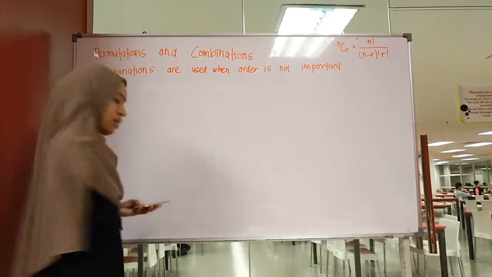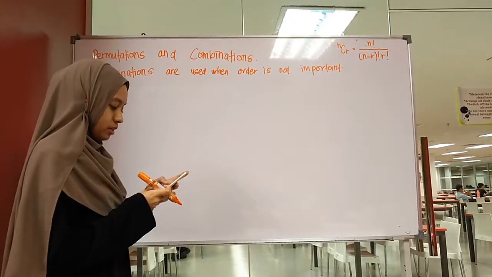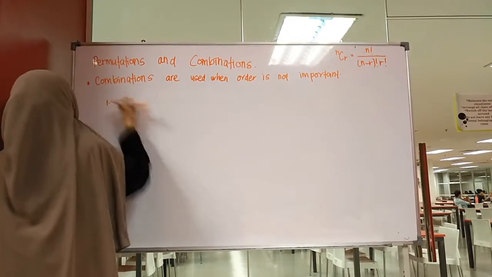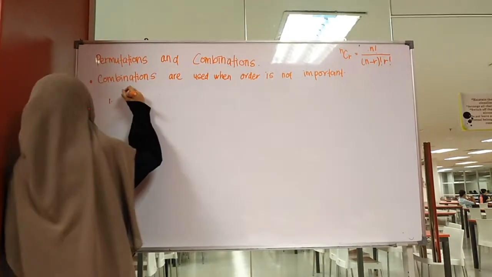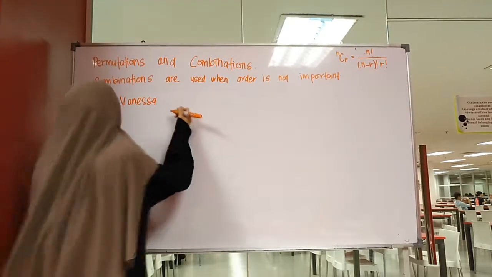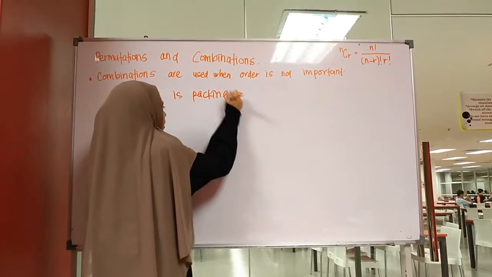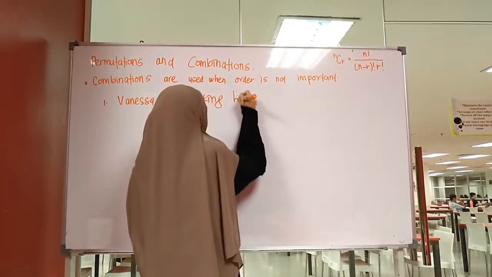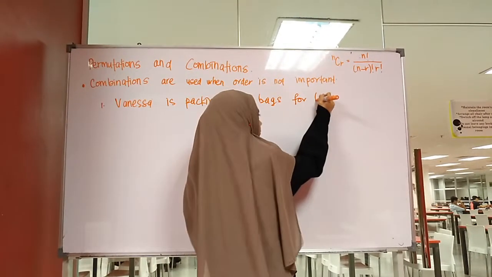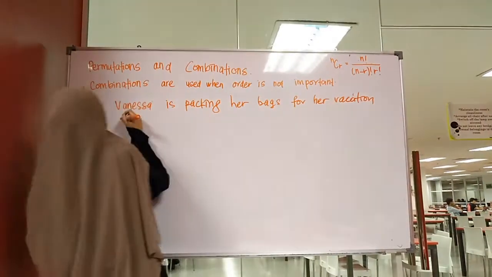Okay. Pay attention, everyone. I'm going to give out some questions that I prepared before. For the first question, Vanessa, is it okay, Vanessa? Vanessa is packing. Imagine she's going on a vacation, packing her bag for her vacation in Italy.